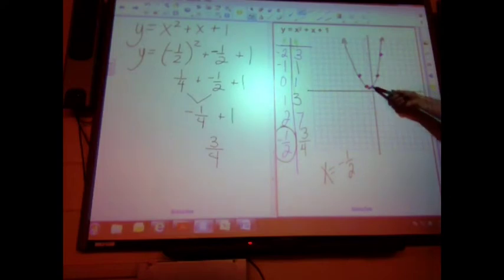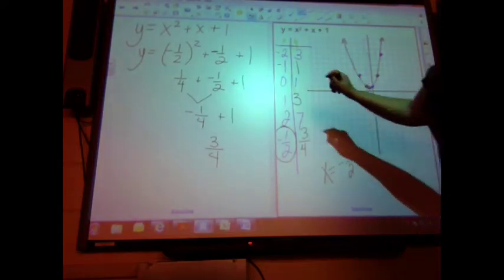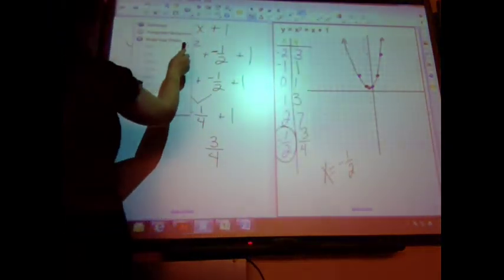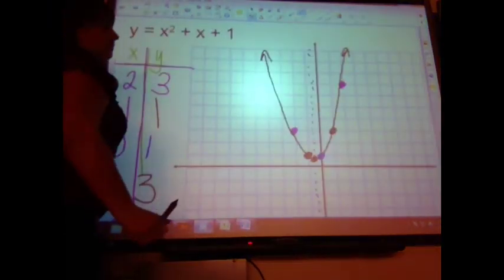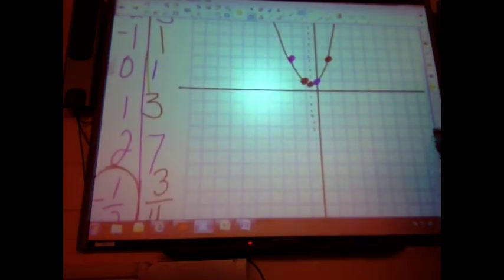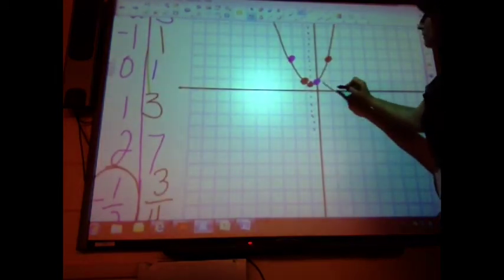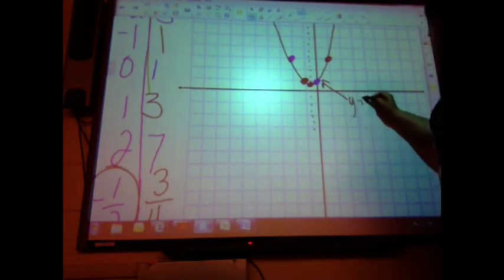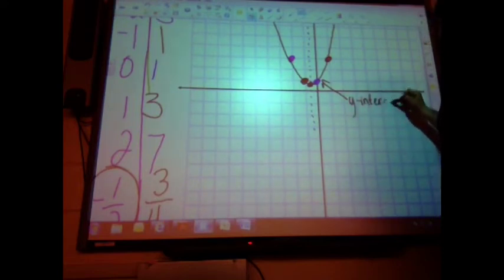My y-intercept is this line right here. I'm going to zoom back in on this. It'll be easier for you to see. All right, so this blue dot right here is my y-intercept because that's where the parabola crosses the y-axis.